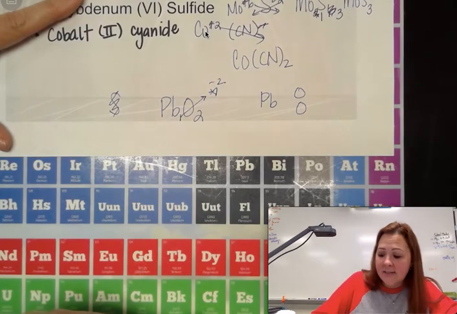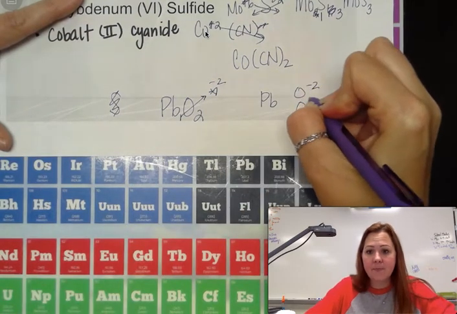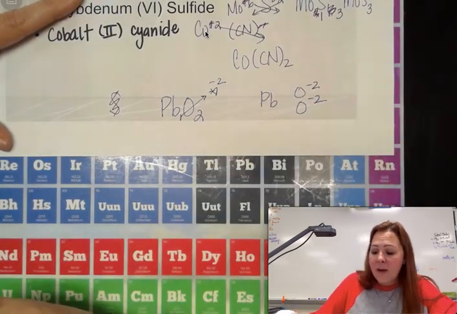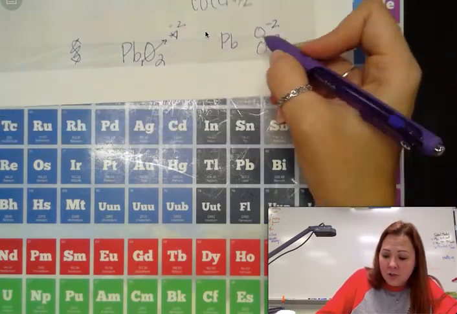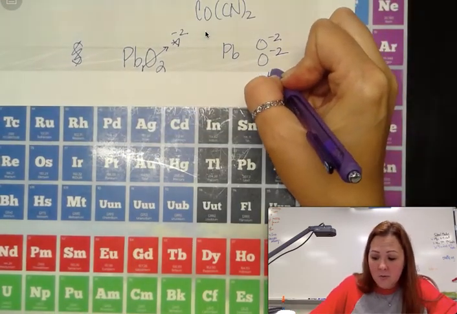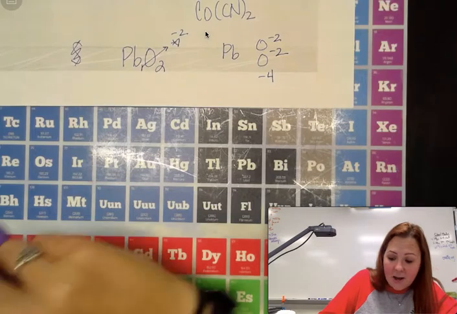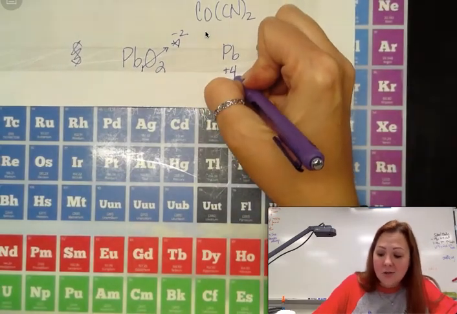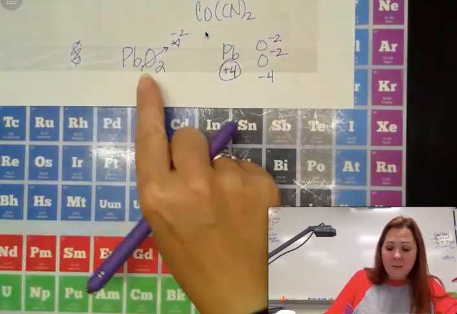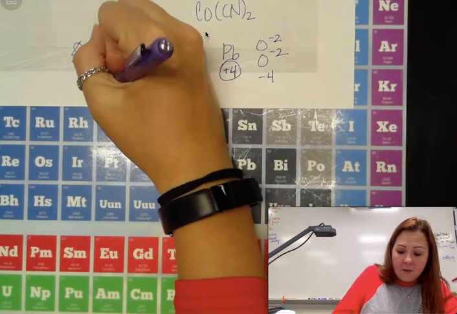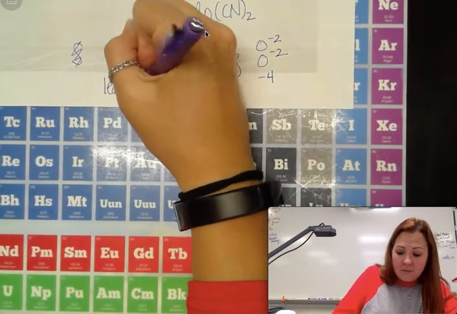Each oxygen has a -2 charge. So that means that my total negative charge is -4, which means that lead has to be +4. So when I go to name this compound, it would be lead 4 IV oxide.